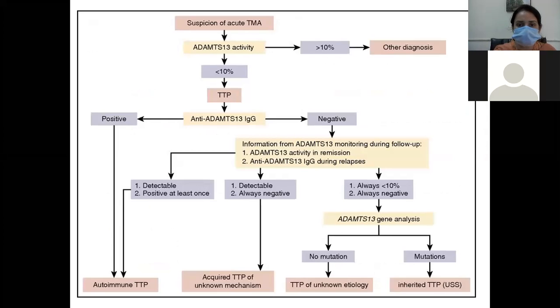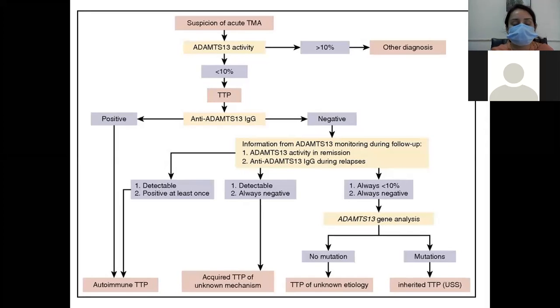So this is a picture, a flowchart showing suspicion of acute TMA, in which you will see if ADAMTS13 activity is found to be more than 10%, then we will make another diagnosis. If it is less than 10%, then we will further suspect TTP.